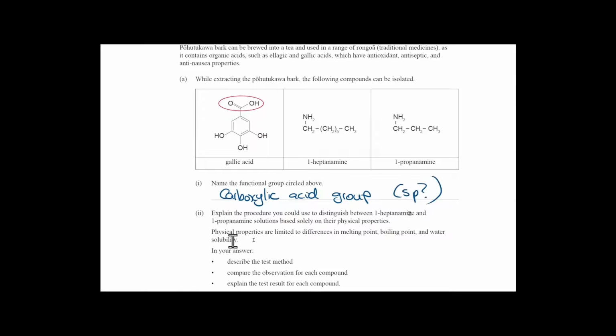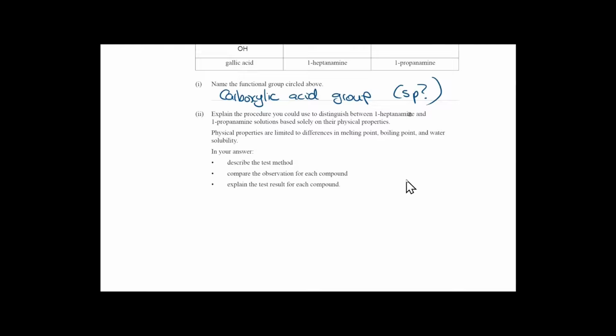Okay, explain the procedure you could use to distinguish the 1-heptanamine and the 1-propanamine solutions based solely on their physical properties. Physical properties: melting point, boiling point, water solubility. You'd probably go water solubility for this one.